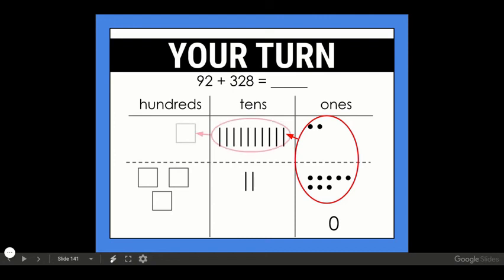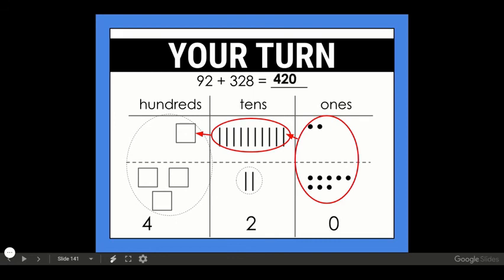So you took 10 of your 10s and regrouped it into 100. And you had left 2 10s. Next, you combined all of your hundreds and you had 4 hundreds. So your answer was 420.